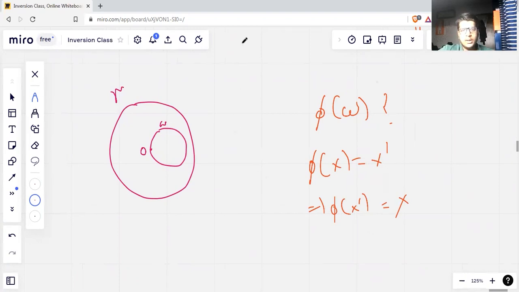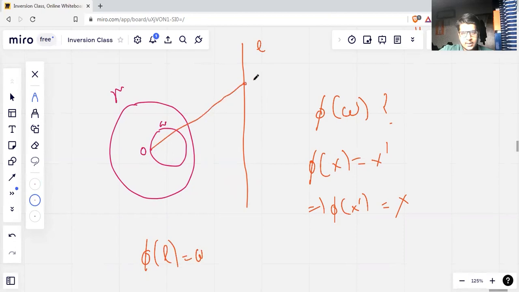So we know that the inverse of a line which is not passing through O will have its inverse as a circle which passes through O, right? So let's say that this line has its inverse as gamma. So we have that phi of L is gamma. Consider some random point x on L. Its inverse will be x dash lying here, right?